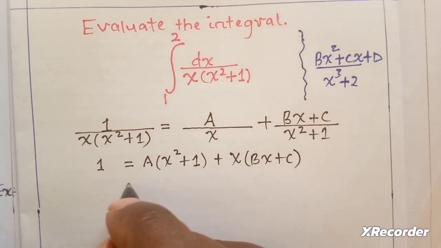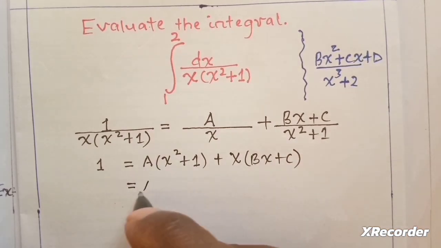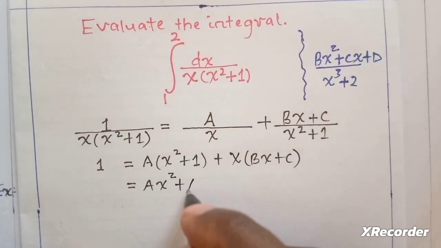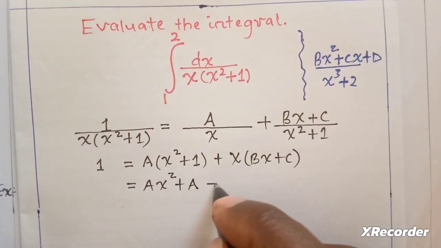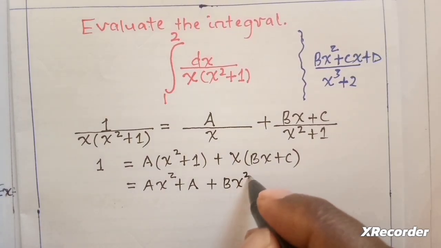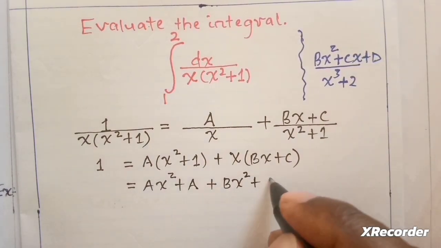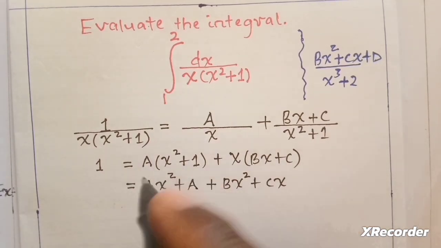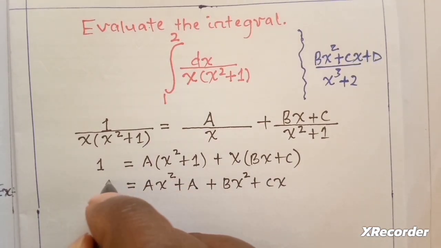Then we can expand it. This will be ax squared plus a plus bx squared plus cx, like that, guys. On this other side we have 1.